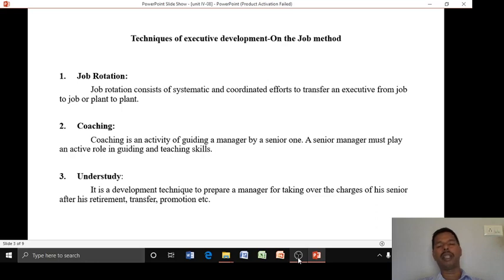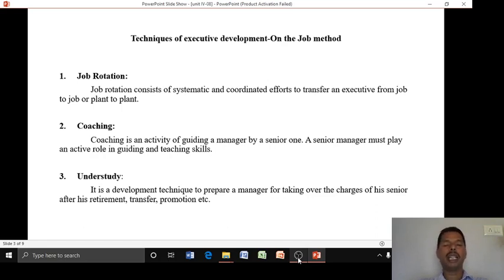Coaching is an activity of guiding a manager by a senior one. A junior manager is guided by the senior manager. A senior manager must play an active role in guiding and teaching skills. So the senior manager has to give proper training, proper guidance and proper teaching to that junior manager to face such situations, or to take corrective and timely decisions on issues relating to the business organization.